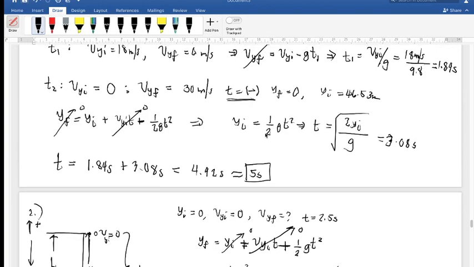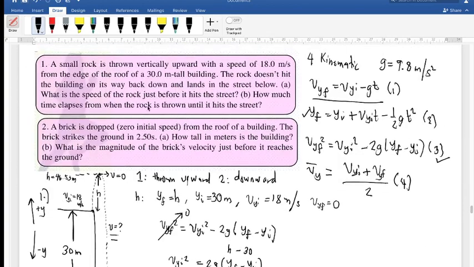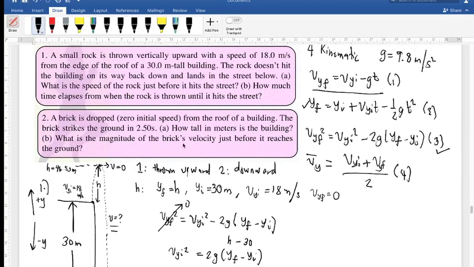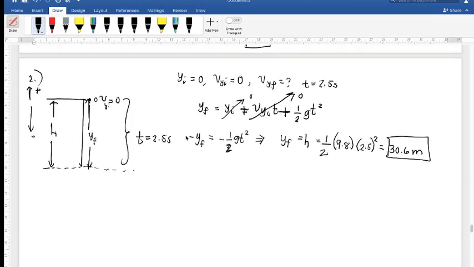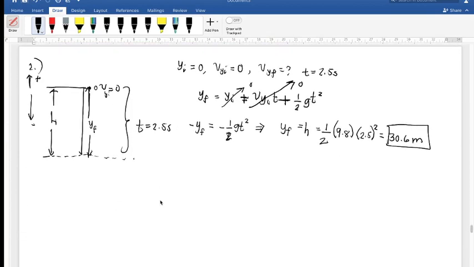So next is ano yung magnitude of the brick's velocity just before it reaches the ground. So we have to find the vyf. So vyf na yung kukunin natin. So just before it hits the ground. So ano yung equation na gamitin natin?